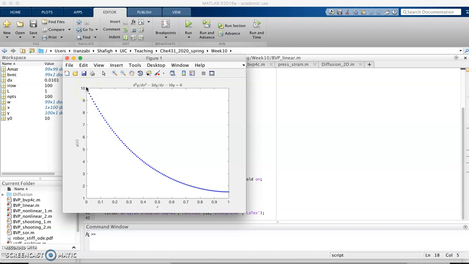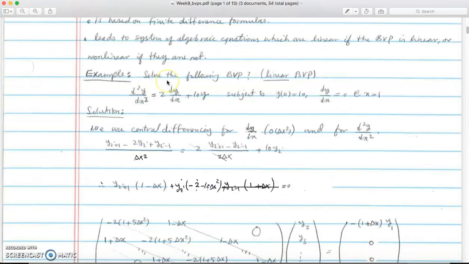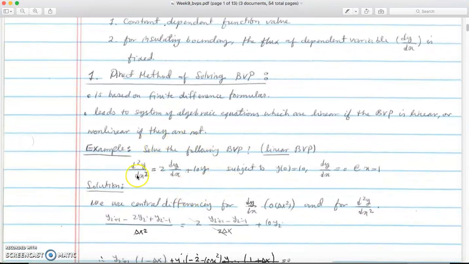So we solved the first linear second-order differential equation with 2 boundary conditions, function value type on the left point, and derivative type on the right point.